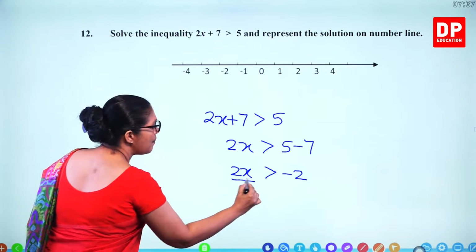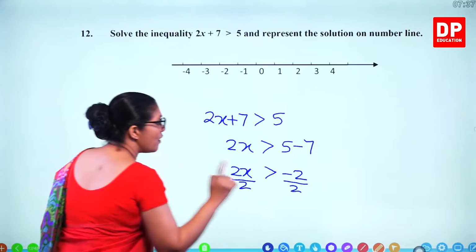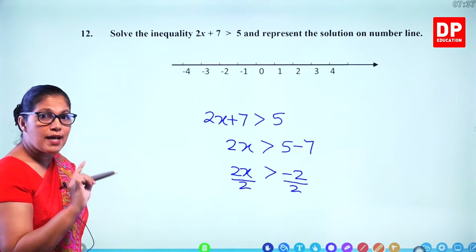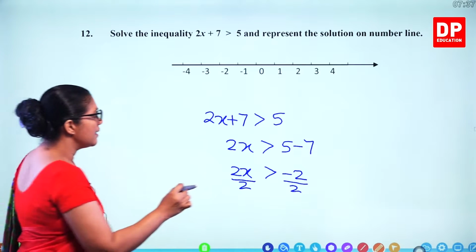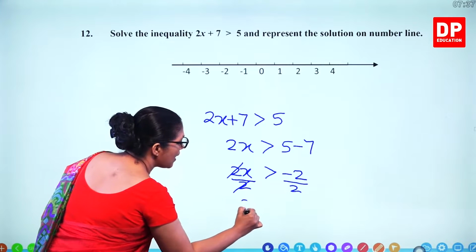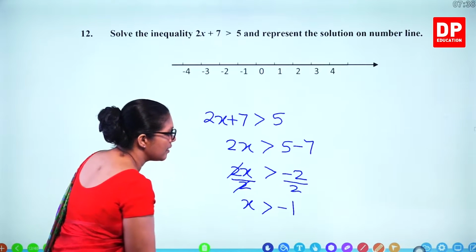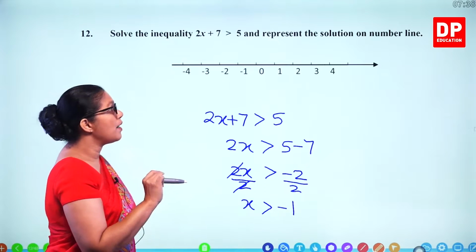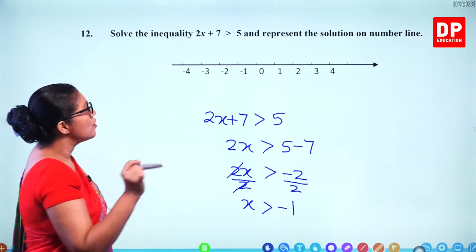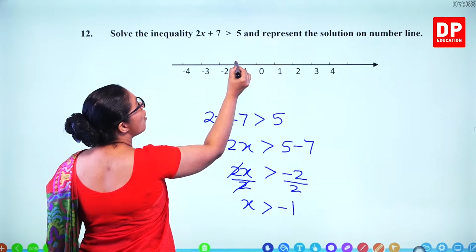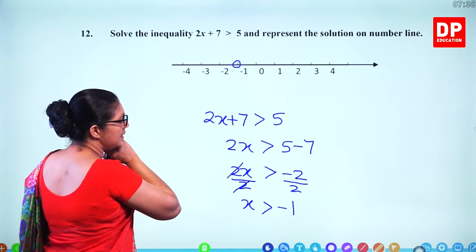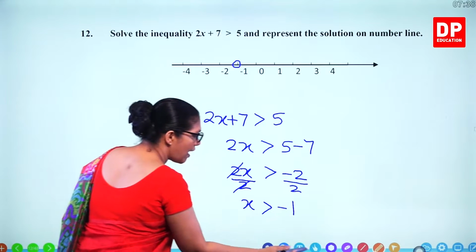Then you can divide by 2. When you divide by a positive number, nothing happens to the sign. So you get x is greater than minus 2 divided by 2, which is minus 1. Greater than minus 1, so minus 1 is not included. So you draw an open circle and this is towards the right-hand side.